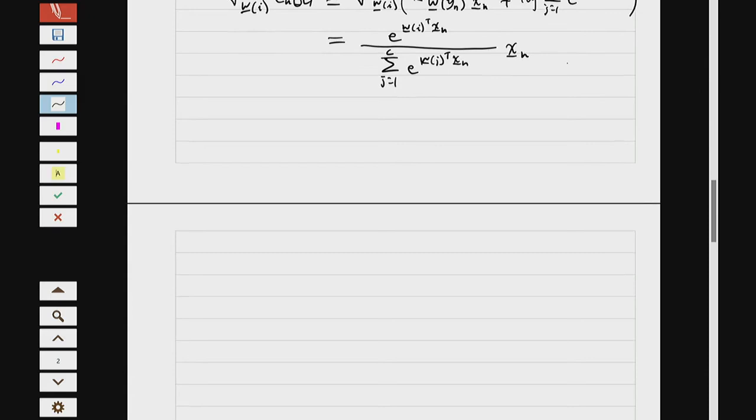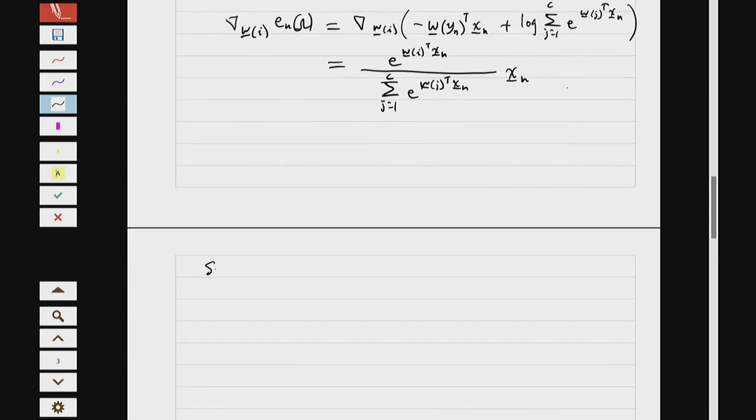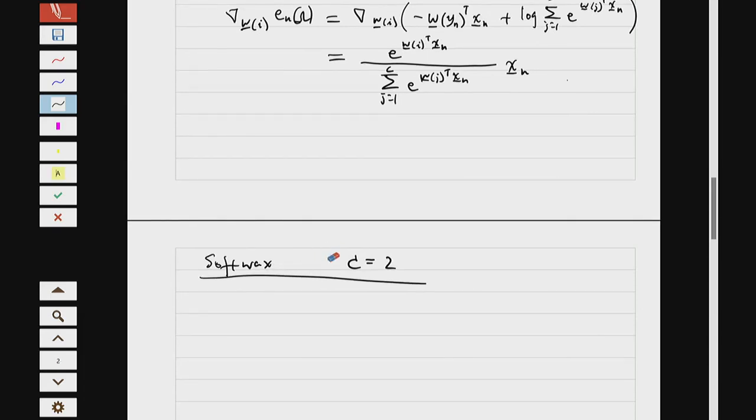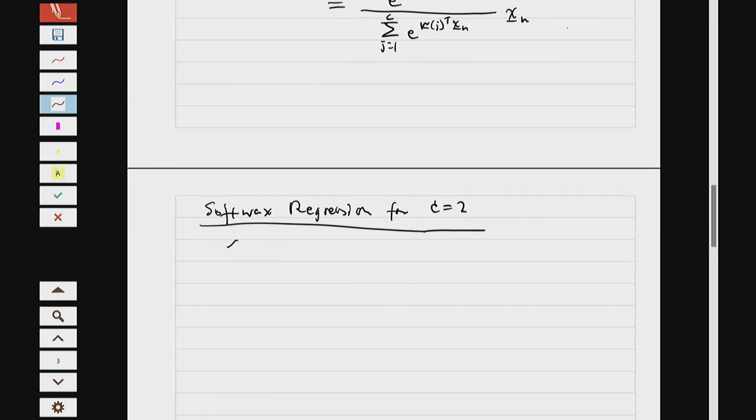So I write this here: softmax for c equal to 2. Oh, I actually said software regression. Softmax regression. So what is the case of p of big omega 1 given x for softmax?